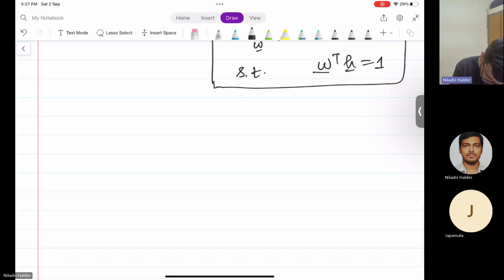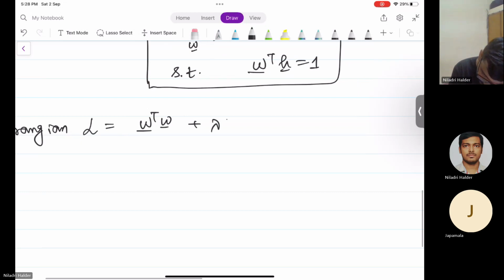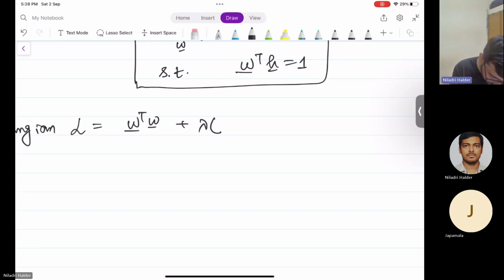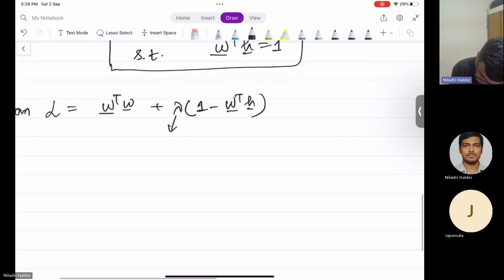The Lagrangian has the term 1 minus w transpose h, and this is the Lagrange multiplier.